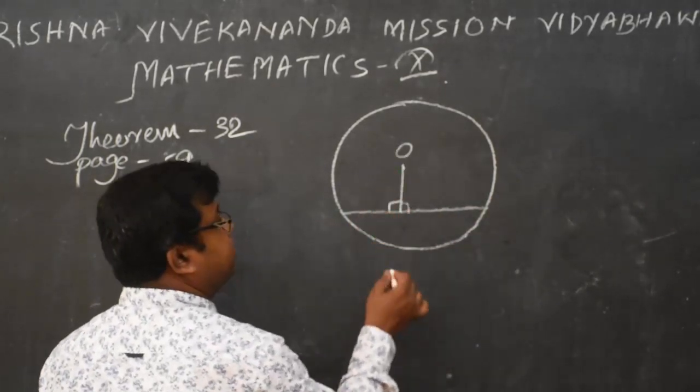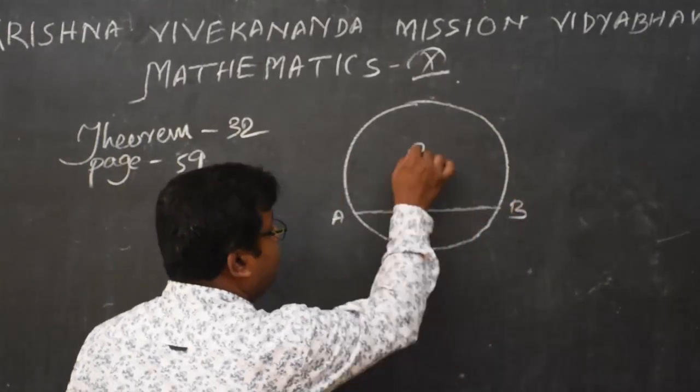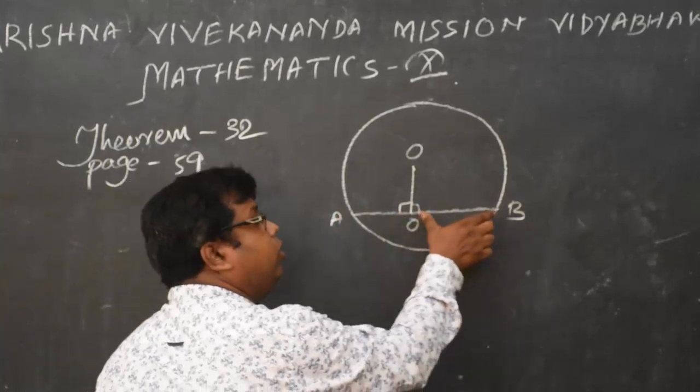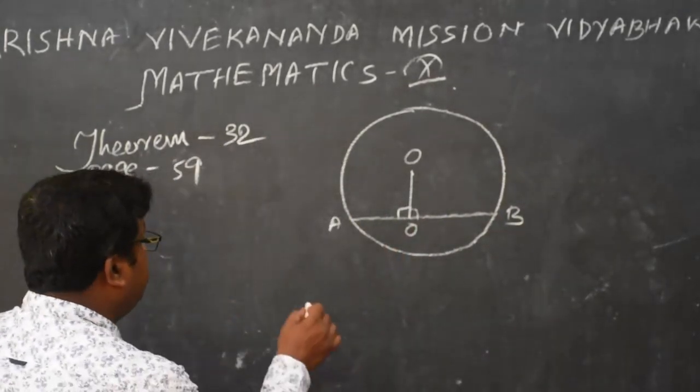Let O be the center of the circle and AB is a chord which is not a diameter. OP is the perpendicular.